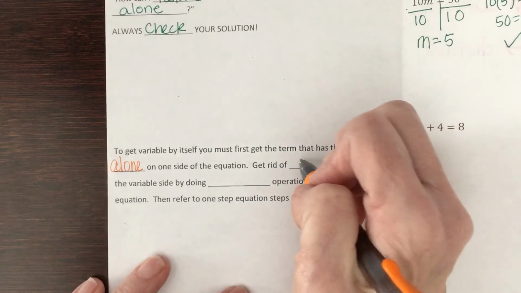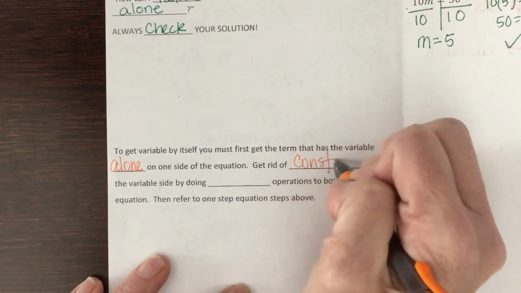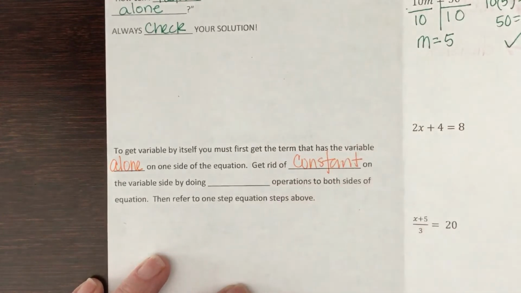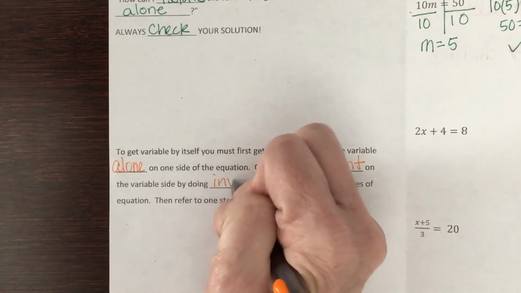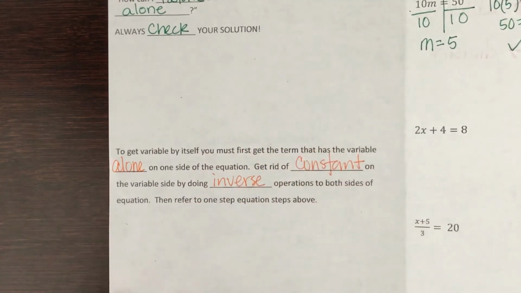Get rid of the constant on the variable side by doing the inverse or the opposite operations to both sides of the equation. Then refer to the one-step equation steps above. So we're doing a one step, but we're adding to it.